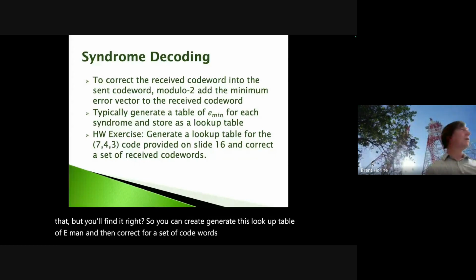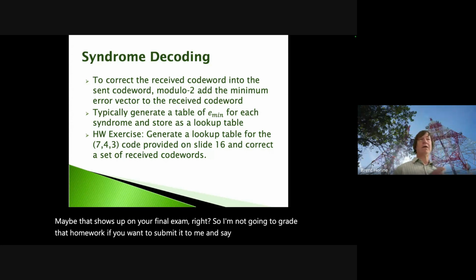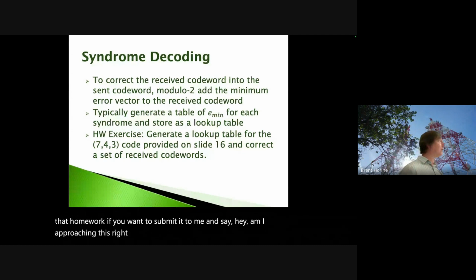Maybe that shows up on your final exam. I'm not going to grade that homework, but if you want to submit it to me and ask whether you're approaching this right, that might be a good idea.